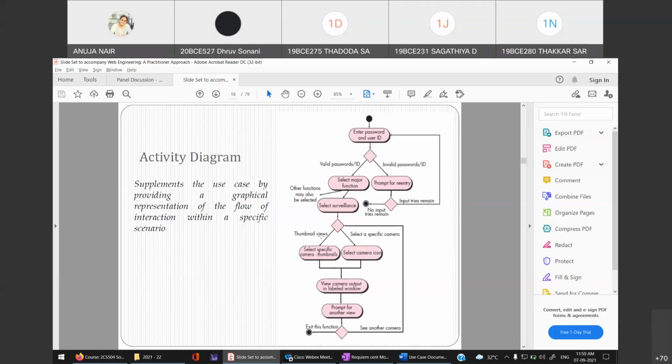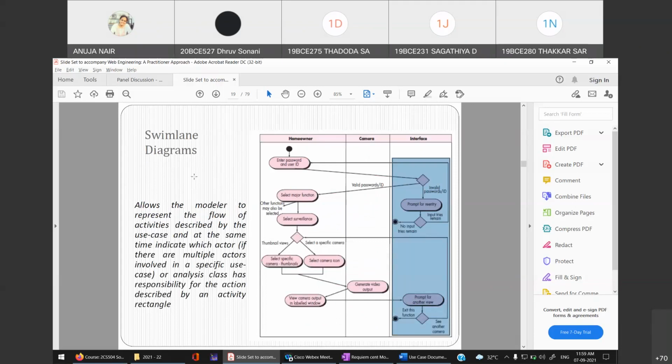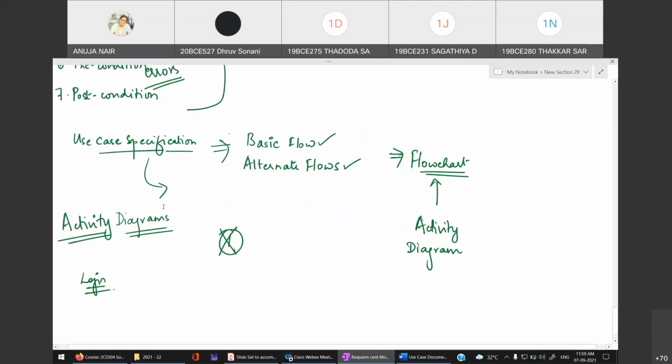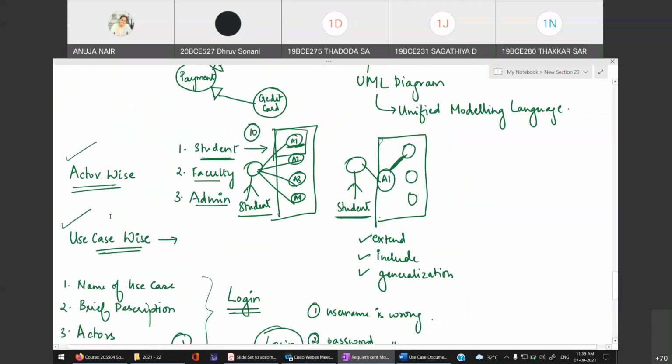But when I want to convert the same thing into actor wise, then I will make a swim lane diagram. Just as I told you that a use case diagram you can make actor wise also and use case wise also, right? So when you are only talking about requirements, where actors are nowhere involved, you will create an activity diagram.